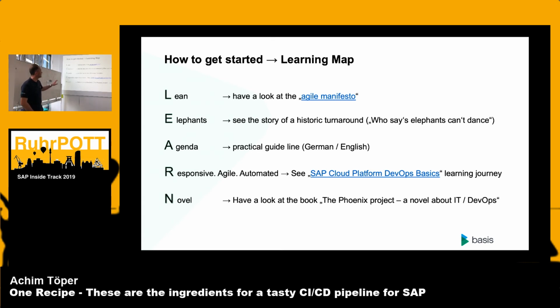Then the other thing, there is a book and a bunch of blogs around the idea of making the turnaround in a big company. There was a book written, Who Says Elephants Can't Dance? So imagine a big elephant, a big company. It was an example of IBM, and he managed the turnaround, and that was not too easy because you have to manage the cultural shift. So that is very important.